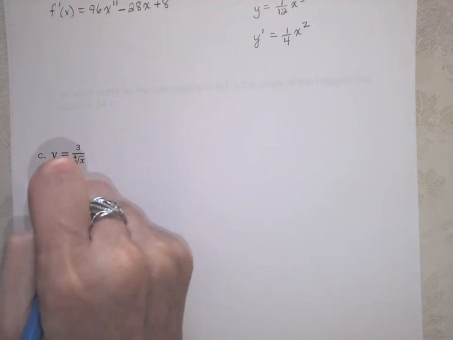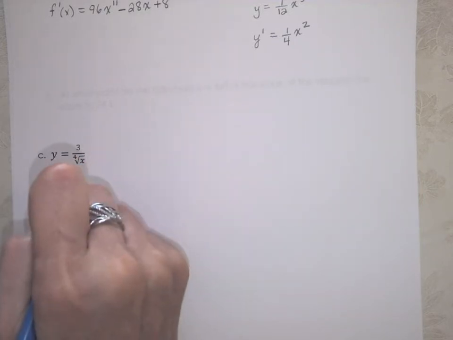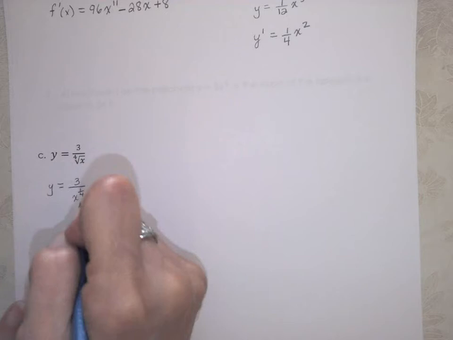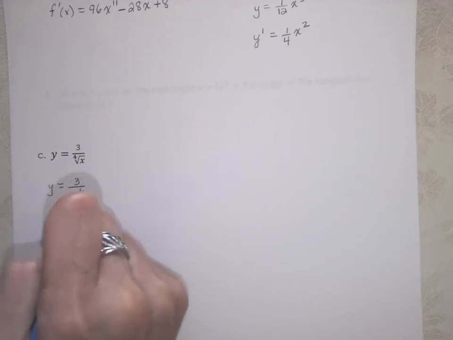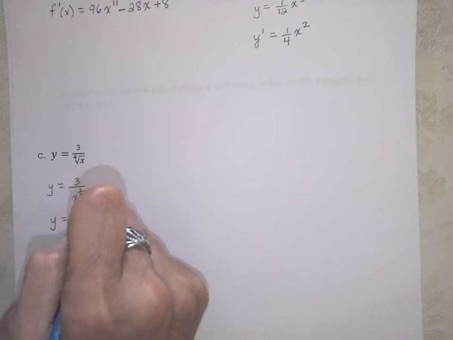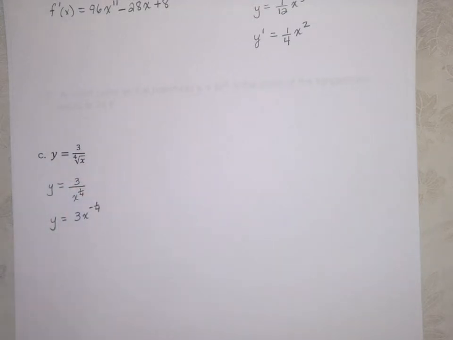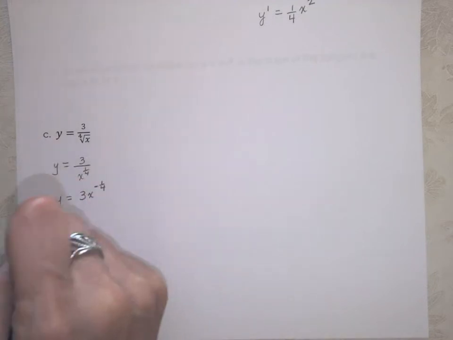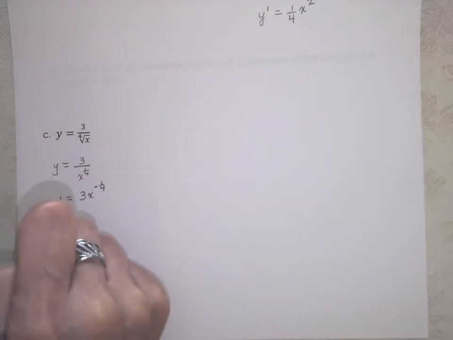The fourth root of x is the same as x to the 1/4, but we want to write it as a power function, so 3x to the negative 1/4. That's just rewriting y, and now we want to find y prime using the power rule.